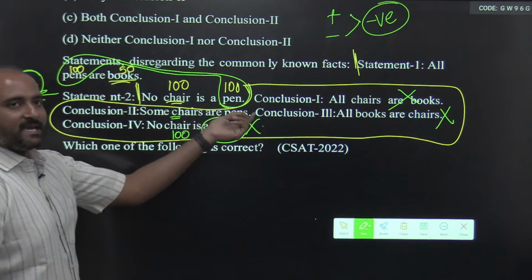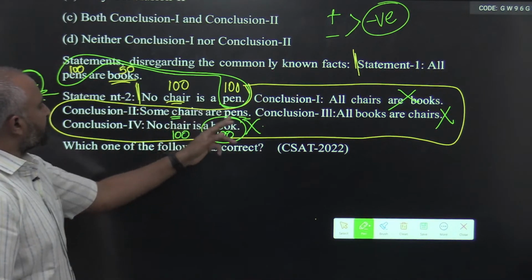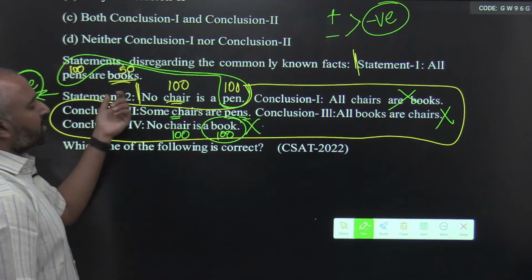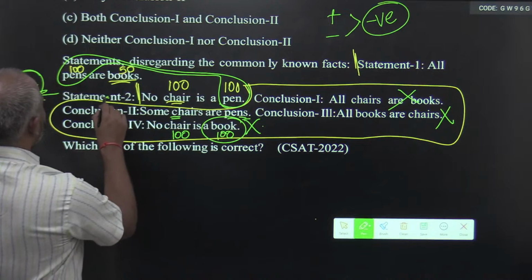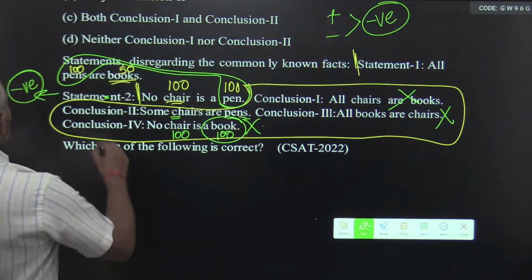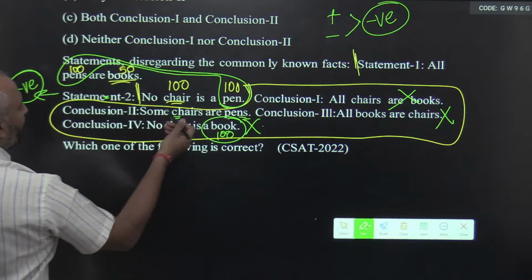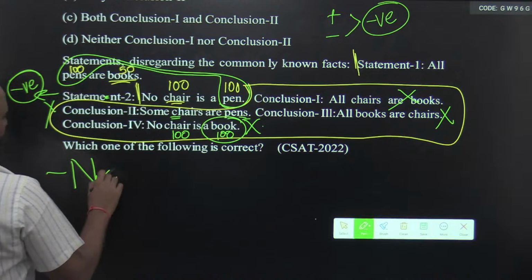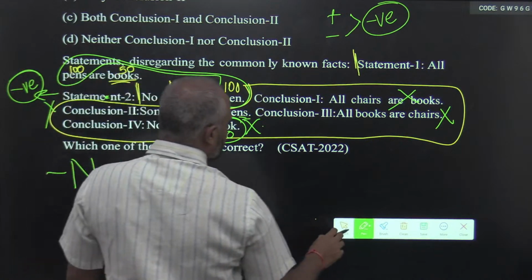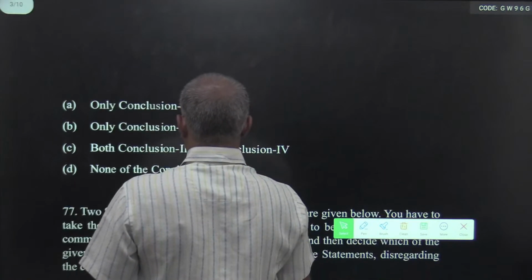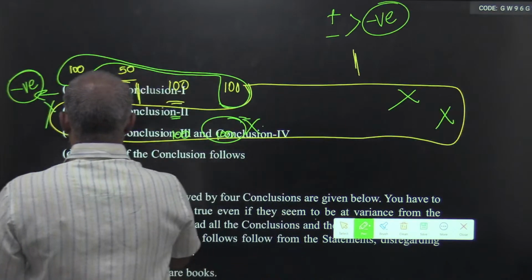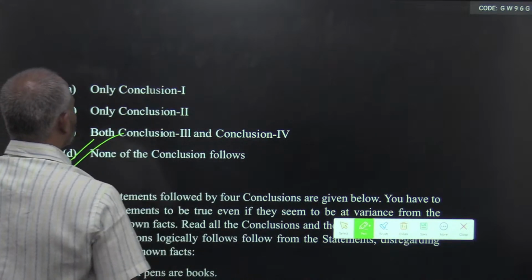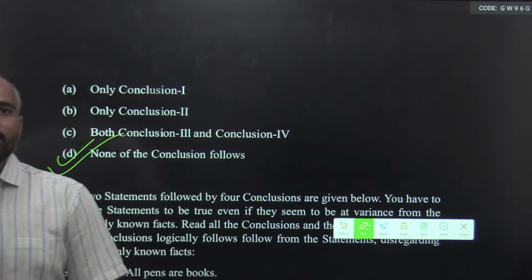Conclusion 2 is some chairs are pens, which is positive regarding chair and pen. But since statement 2 is negative, you cannot draw a positive conclusion. So the answer is no conclusion can be drawn, or none of the conclusions follows.